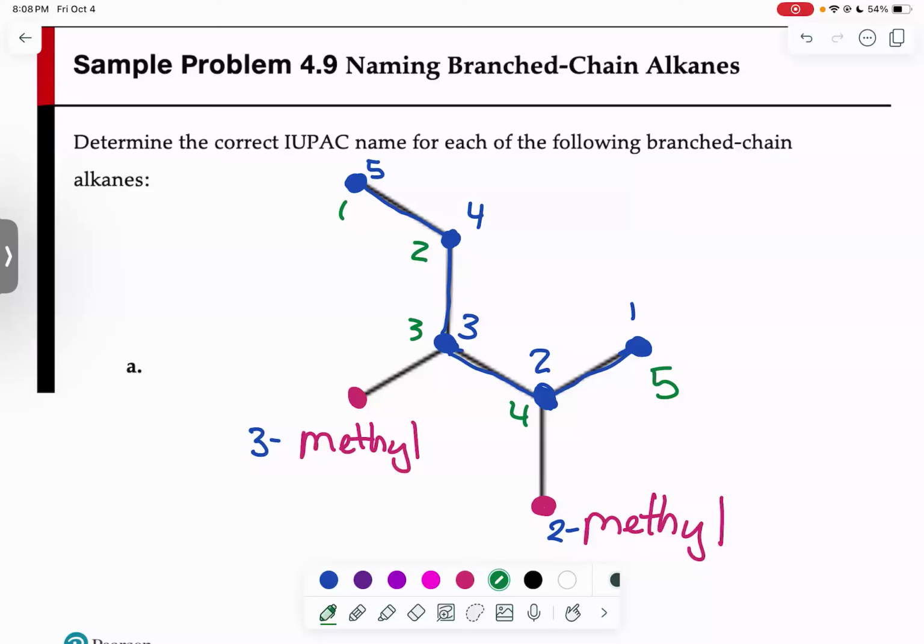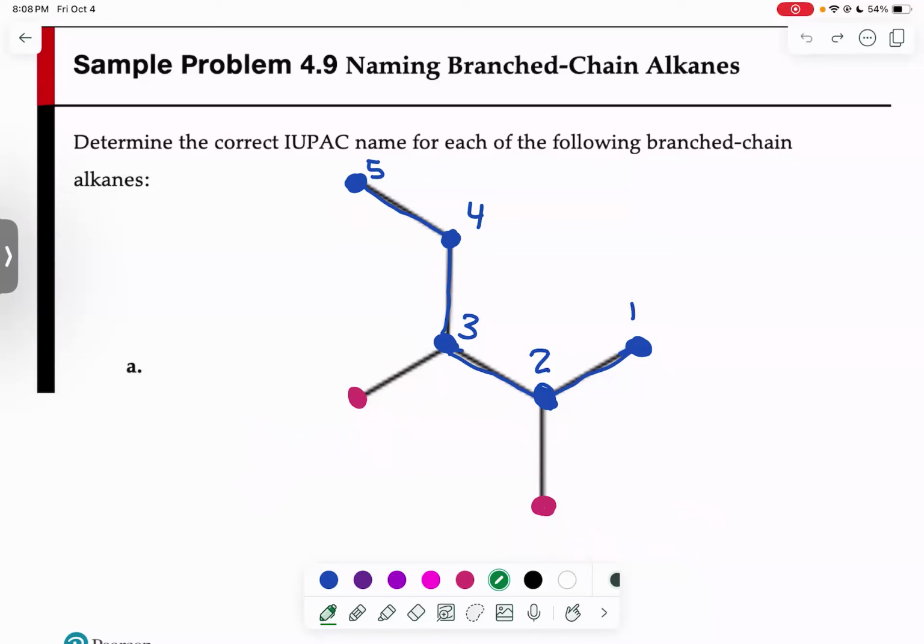If I go with the green numbers, I would still have a 3 methyl, but then I would have a 4 methyl. And so that's too big. So I'm not going to go with the green numbers, right? So let's just get rid of all those green numbers. All right. So we're just going to go with the blue numbers.